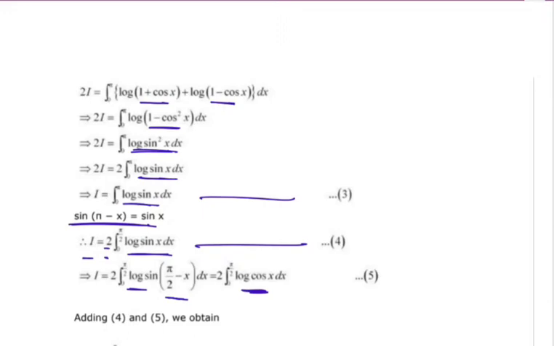Now we can convert log sin (pi by 2 minus x) dx, so 2 times the integral from 0 to pi by 2 of log sin (pi by 2 minus x), converted to cos x dx. Take it as equation number 5.